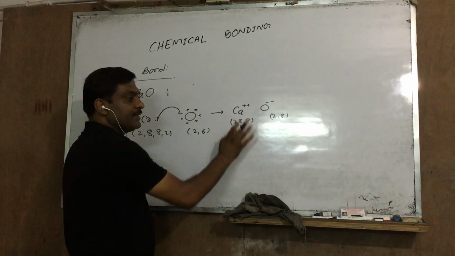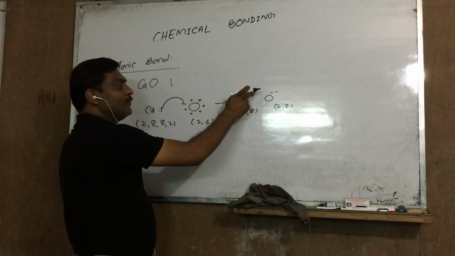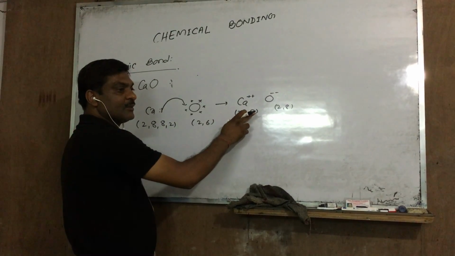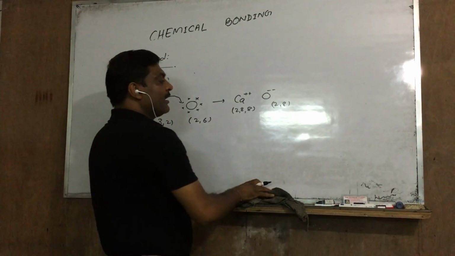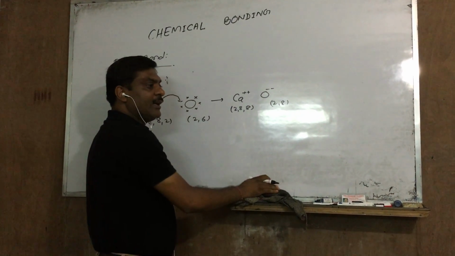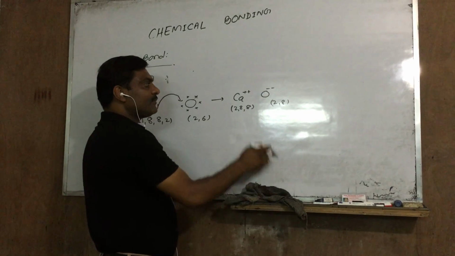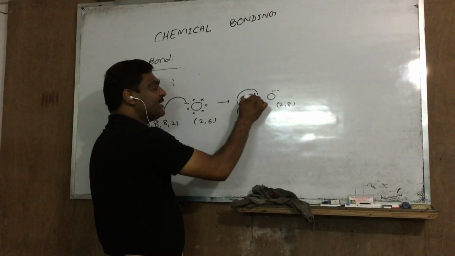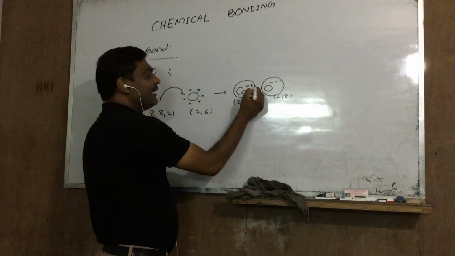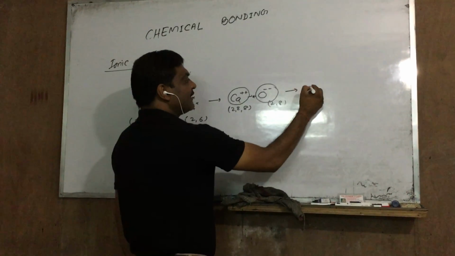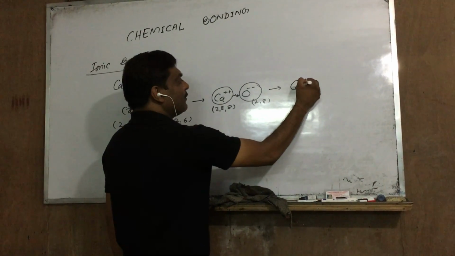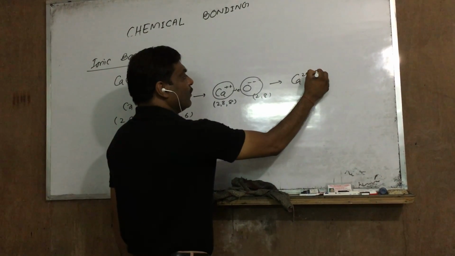In gaining this stability, calcium loses 2 electrons and becomes a doubly charged calcium ion, and oxygen gains 2 electrons and becomes an oxide ion. Now these two oppositely charged ions attract each other with a force of attraction and get aggregated to form CaO.